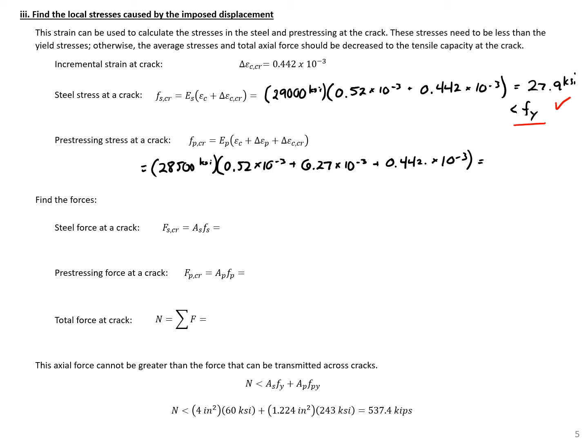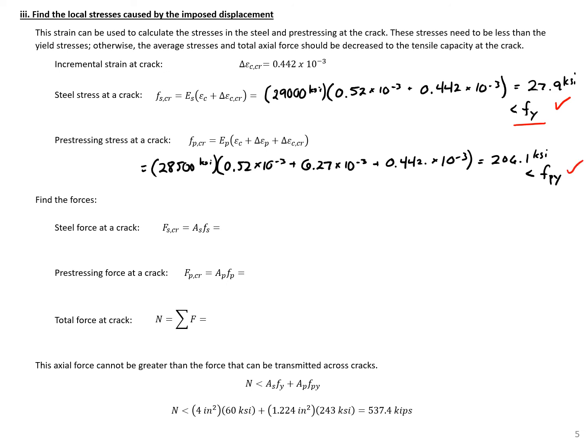And this will give us a stress equal to 206.1 KSI. So again, this value is less than the yield stress in our pre-stressing, which is typically around 243 KSI. So we're okay here as well.